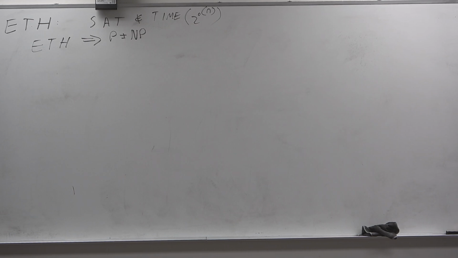But working with P does not equal NP is difficult because it could be the case that SAT could have a quasi-polynomial time algorithm and not necessarily an exponential one. So it's not necessarily true this is an if and only if. It could be the case that every NP complete problem has a quasi-polynomial runtime that is slow but still not polynomial, right? So when people say P does not equal NP, it's not necessarily precise.